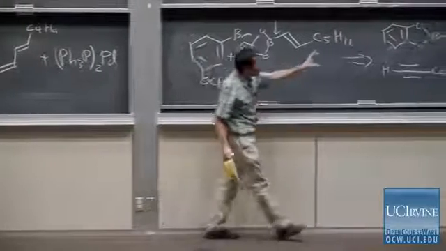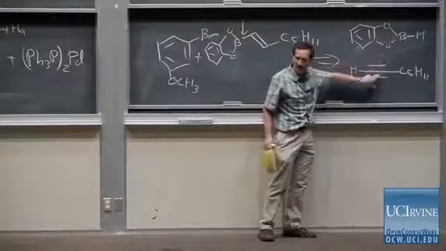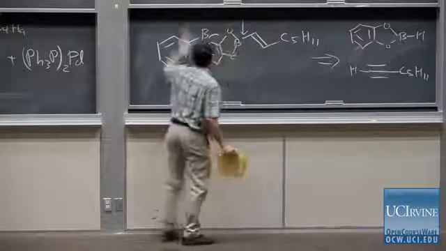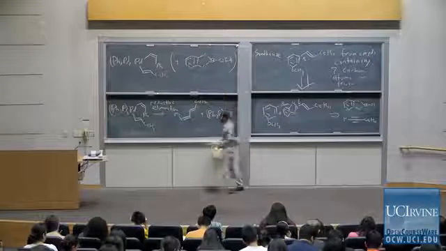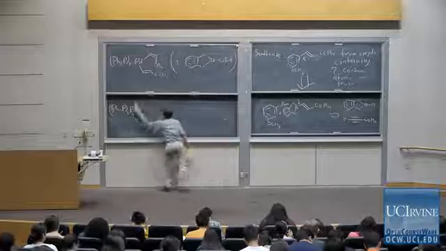Now I could imagine hydroborating heptyne in a stereospecific fashion to give us the trans compound, combining it with my bromoaromatic in a Suzuki reaction. And I could put this all together in a forward sense.